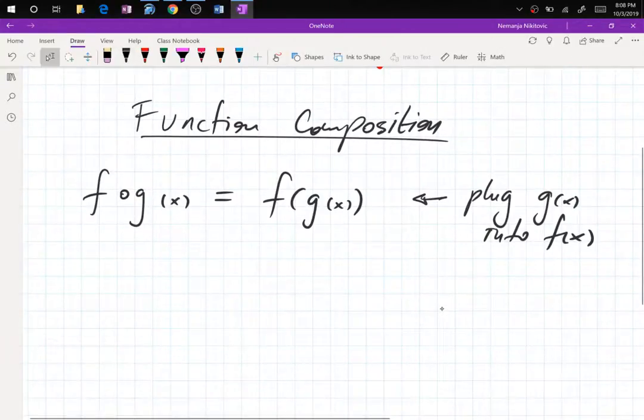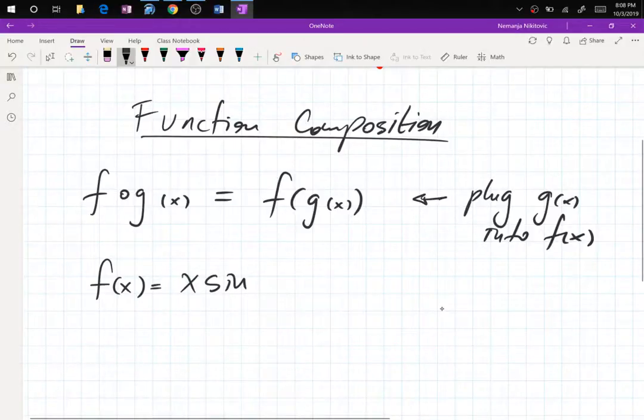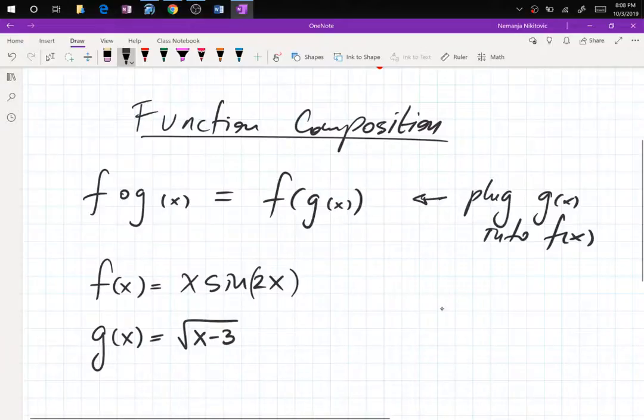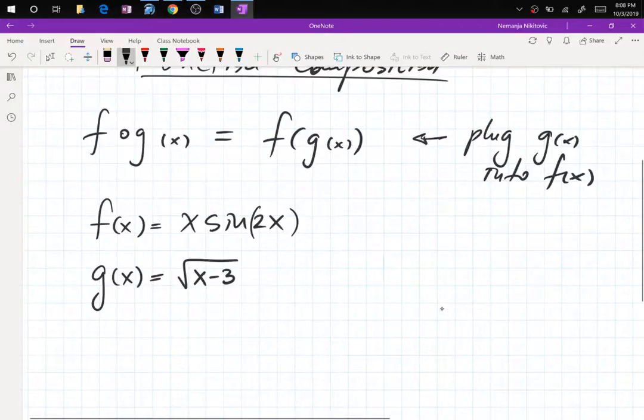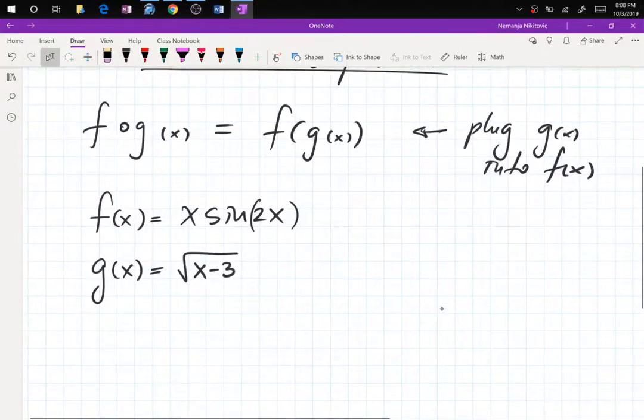But we'll take a look at how this goes. Let's say function f of x equals x sine 2x, and g of x is the square root of x minus 3. I can use these two functions and create f of g of x.